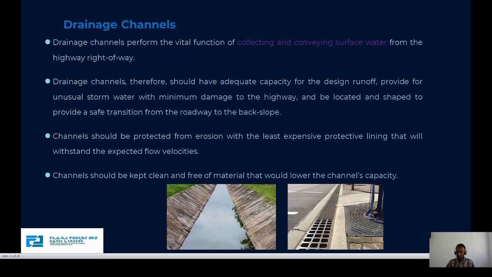They should also be located and shaped to provide a safe transition from the roadway to the back slopes. Channels should always be kept clear and free of material to maintain channel capacity.